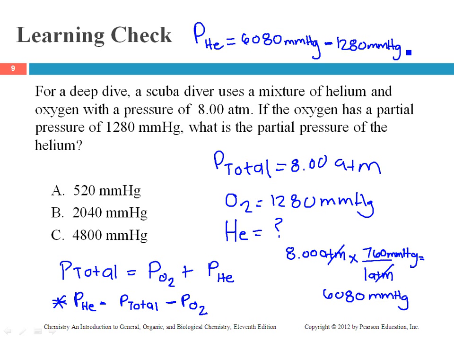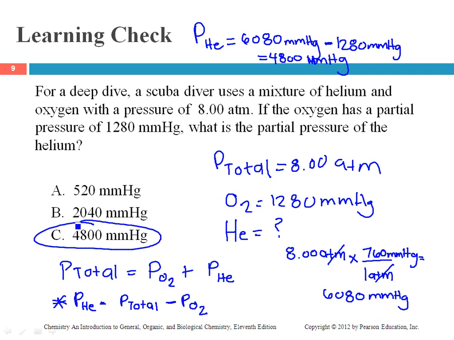We have an A, B, or C here, which would be very similar to what you would have on your test. If we do the math, we get 4,800 millimeters mercury.